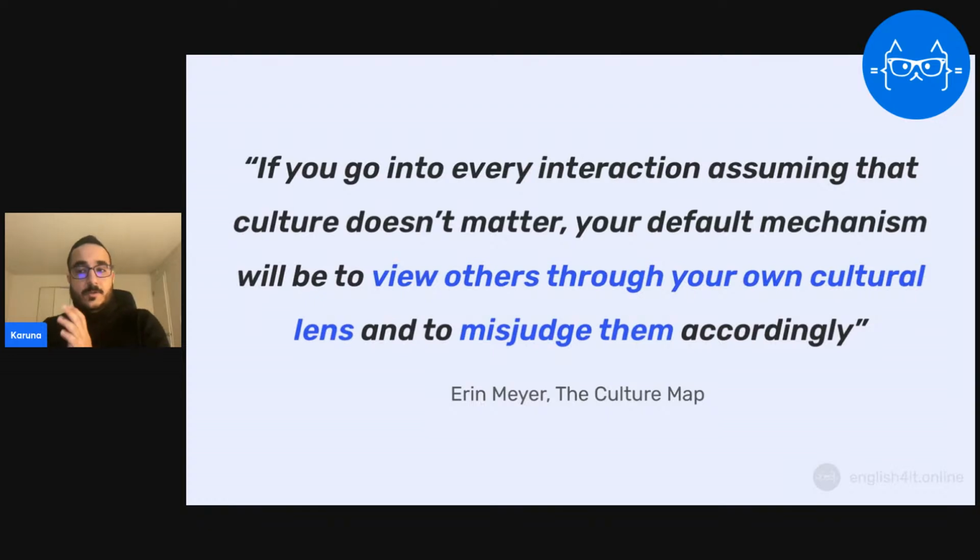There's a very good book called The Culture Map, which I highly recommend you check out, maybe have a read, get the Cliff Notes. A quote from this book by Erin Meyer is, "If you go into every interaction assuming that culture doesn't matter, your default mechanism will be to view others through your own cultural lens and to misjudge them accordingly." That goes back to what I was saying about all of us having our own cultural lens based on where we grew up.